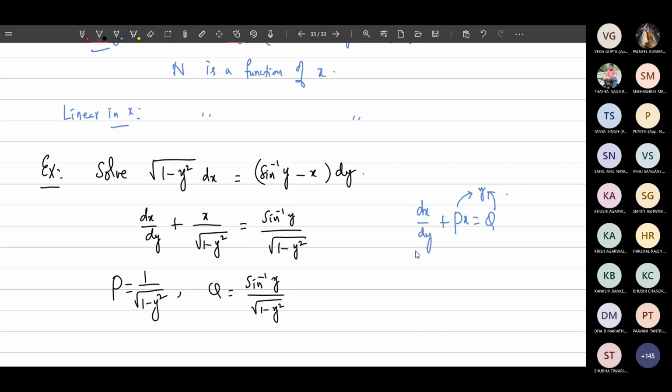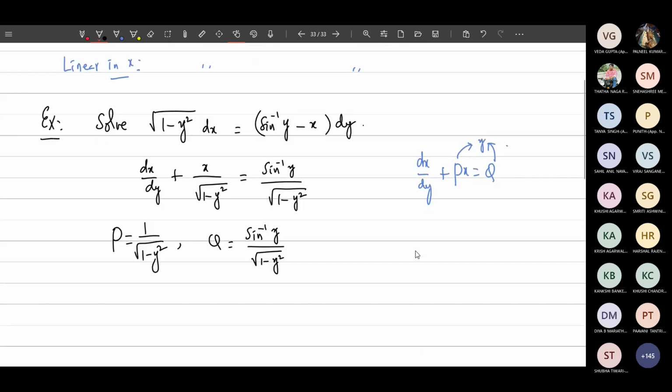Sir, one doubt. If this is linear in x, then n should be a function of y only, no? But here it is sin inverse y minus x, so it contains x too. No, M is a function of y only. For linear in x, n contains x and m is a function of y only.